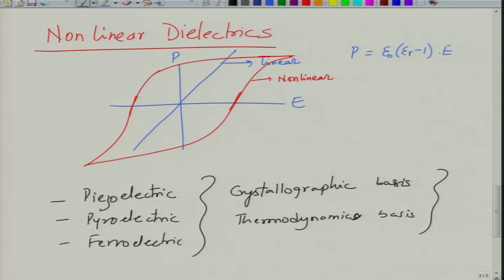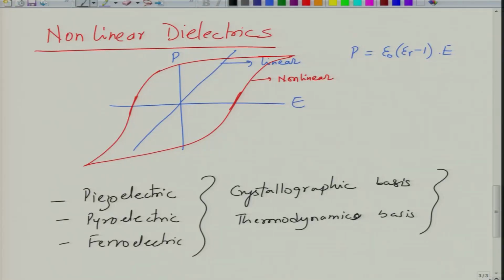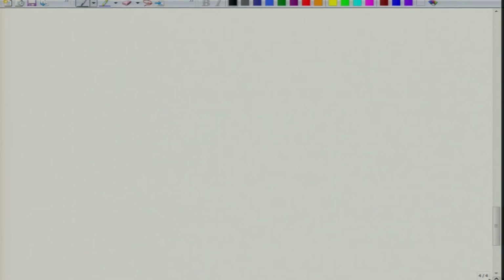So, what we will do is that, so far what we did earlier, we looked at the properties of a dielectric mostly in scalar form, but to understand ferroelectrics, piezoelectrics and pyroelectrics, it is important to invoke the tensor form of these properties. So, first we will introduce the formal notations for these properties in the tensor form.